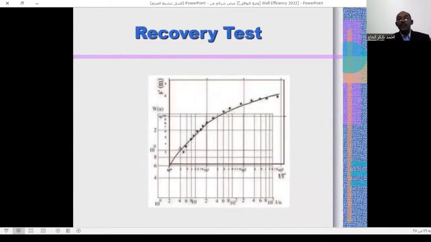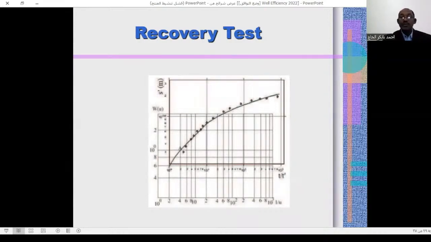Lastly, I need to discuss some issues for another pumping test, for example the recovery test. The one method in the world calculates the recovery test depending on a straight line of recovery data plotted on semi-log.